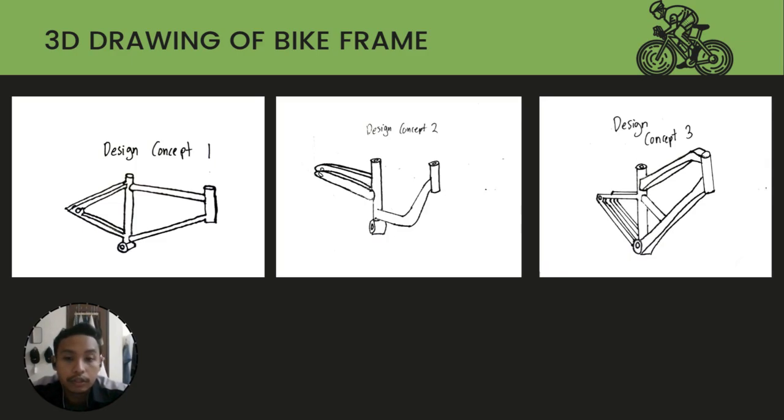In design concept 3, we chose it because it is more structural and more complex. After discussion among group members, we chose design concept 3 to make a simulation for our bicycle bike frame.